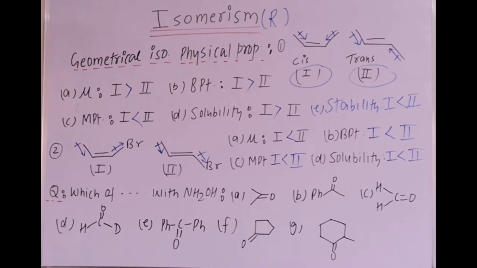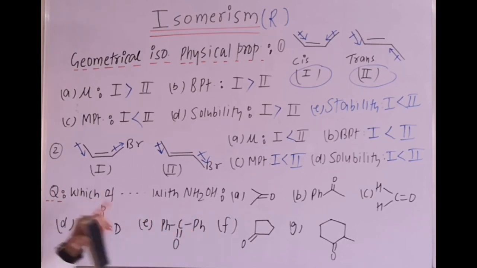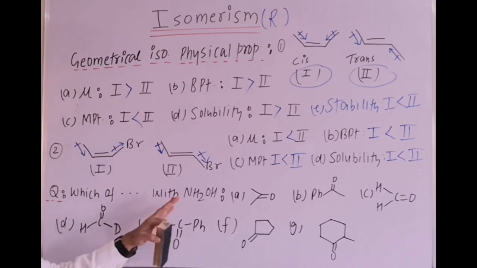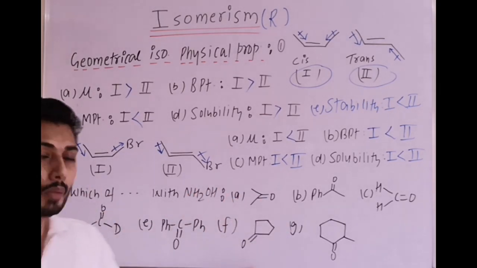That question is, which of the following compounds will show geometrical isomerism after reaction with NH2OH? Now if you see the options given here, they all are carbonyl compounds.